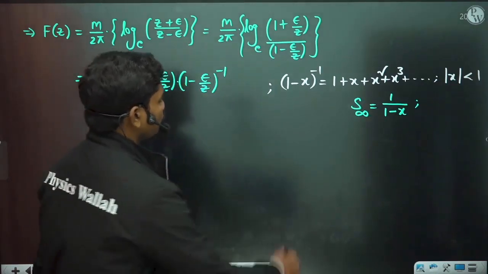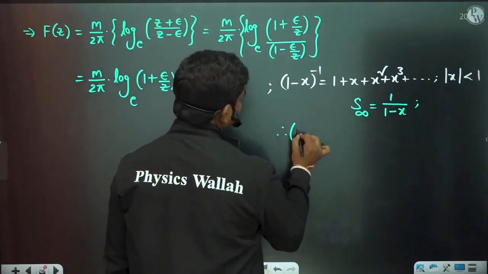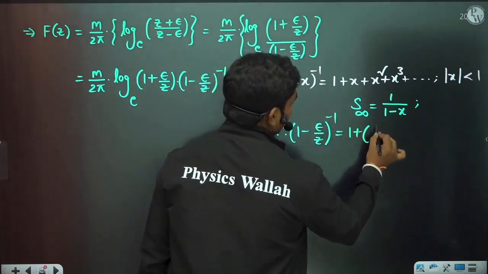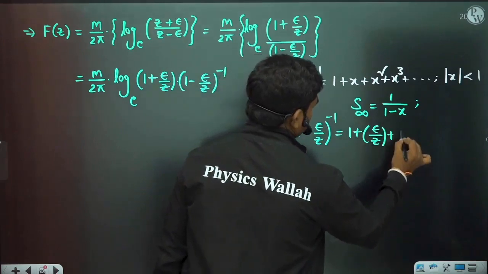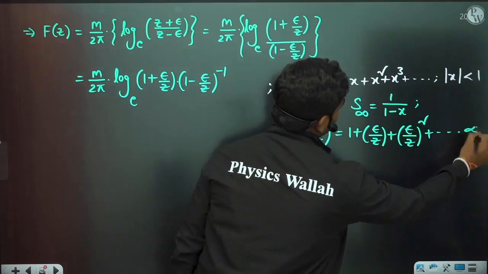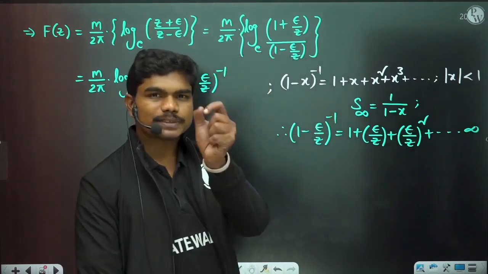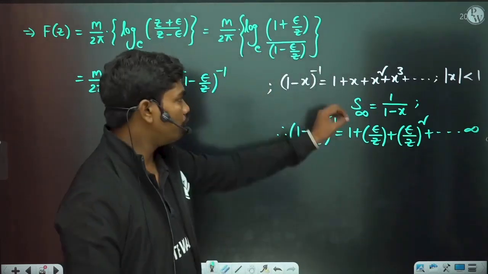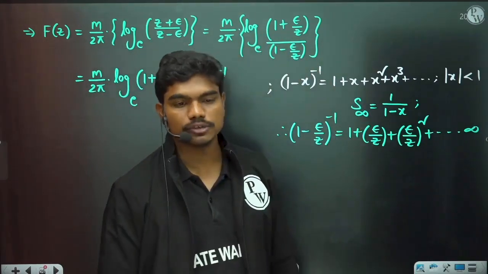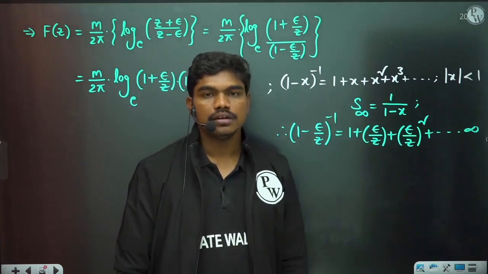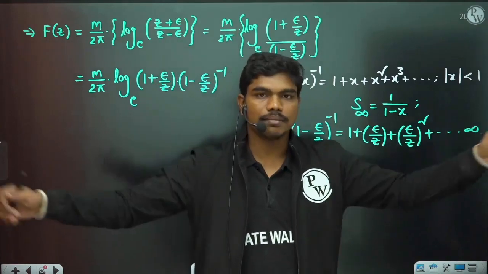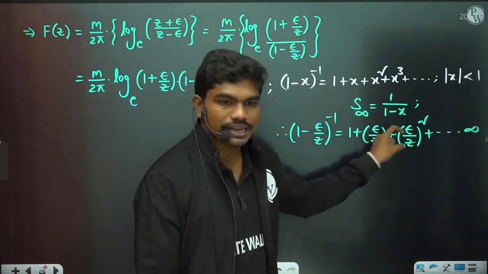So here, therefore, 1 minus epsilon by z whole power minus 1 can be written as 1 plus epsilon by z plus epsilon by z whole square plus and so on to infinity. But now epsilon is a very small value. So if you take z at any location, this epsilon by z value will be much smaller. Yes or no? Correct? Epsilon is a very small length, so if you take any length on this z at some large distance, then definitely this ratio will remain very small.